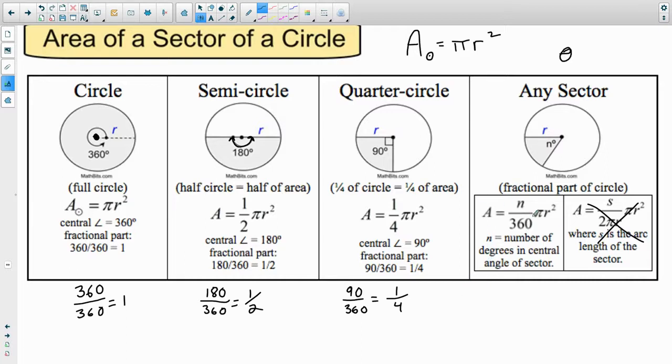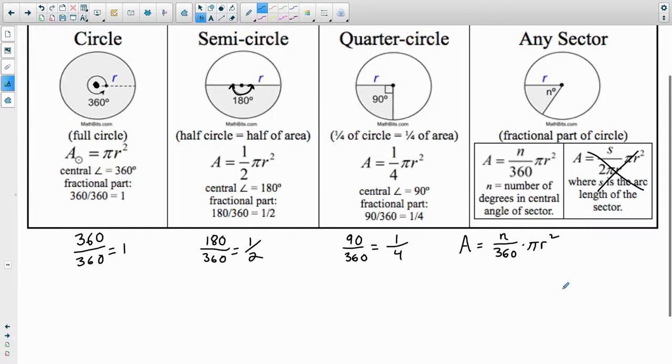Well, this right here is going to be your formula for any given sector. So I often like to write the area here is any amount of degrees out of 360 is going to give you the fraction that you're looking for of the whole entire circle, which means that you're going to multiply it by the area of the whole circle.